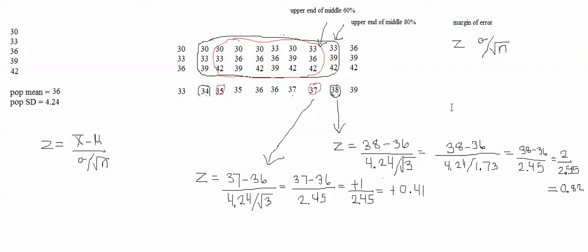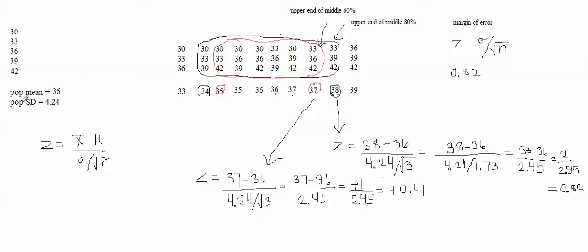Let's get our 80% confidence coefficient, which came out to 0.82. Plug it into z. Multiply it by sigma over the square root of n. We know our population standard deviation is 4.24.